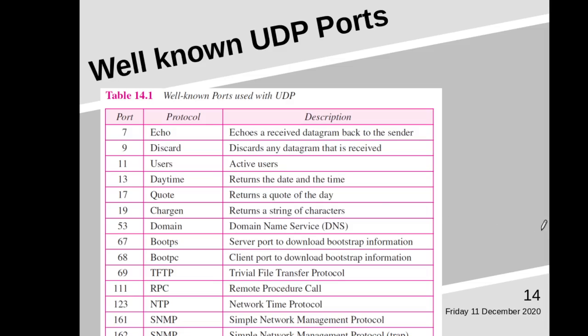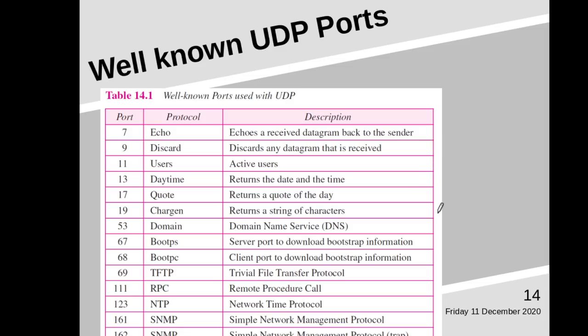Sometimes when you think about flow control, you should understand UDP is a very simple protocol. There is no flow control. However, in TCP you may get some flow control, congestion control kind of things. Here it is a very simple protocol, so you will not get any flow control. In TCP you had a window mechanism. Here you don't have any window mechanism.